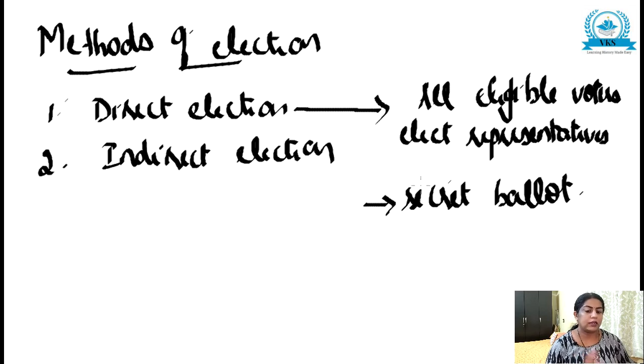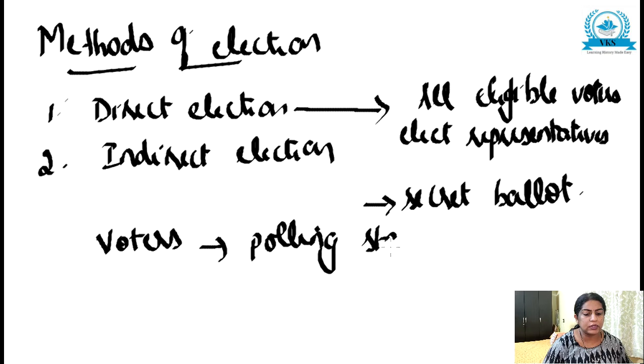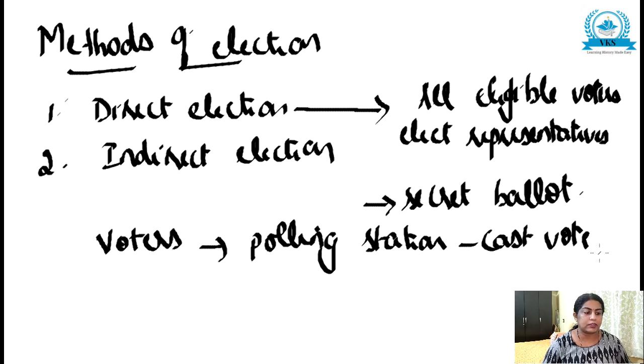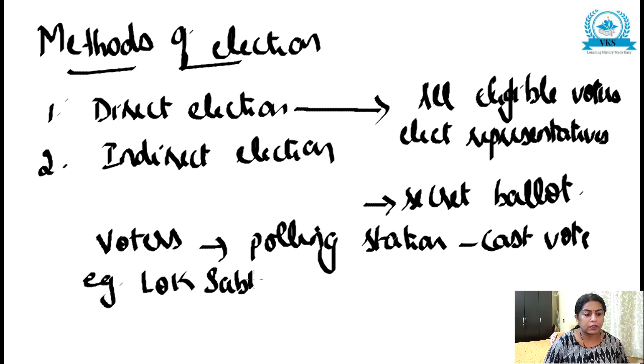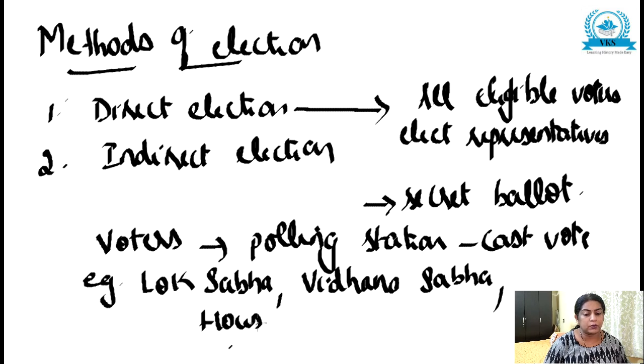In direct election, voters go to the polling station and cast their vote through the secret ballot system. They exercise their franchise. In which situations do we have direct election? For example, elections for Lok Sabha, Vidhan Sabha in India, and House of Commons in UK.